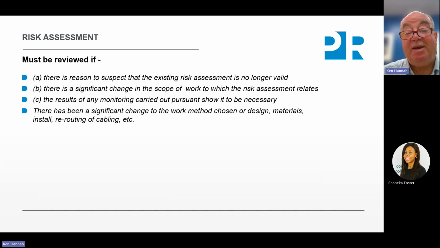You must carry out an R&D survey on every area to which the scope of works is extended. It should include the results of any monitoring carried out, and any significant change to the work method chosen or design materials, or installation or rerouting of cable, etc.